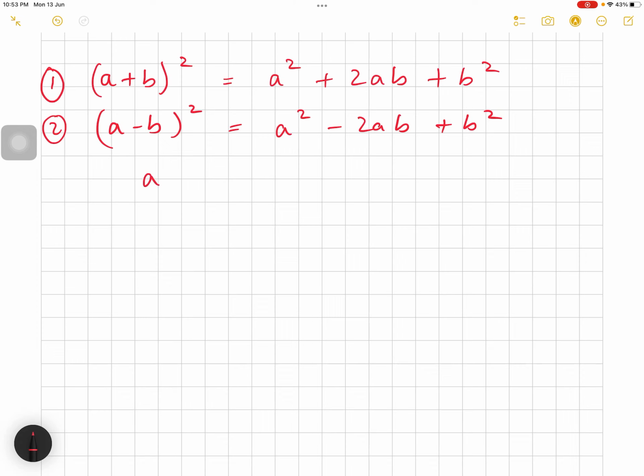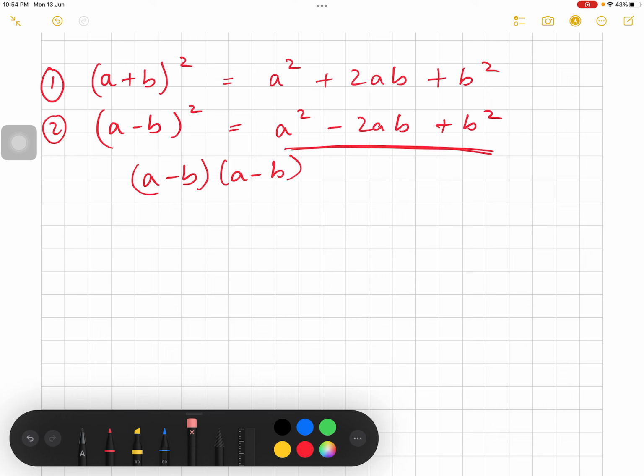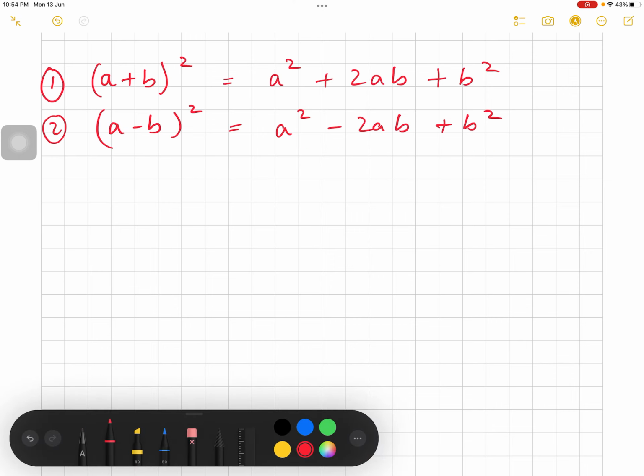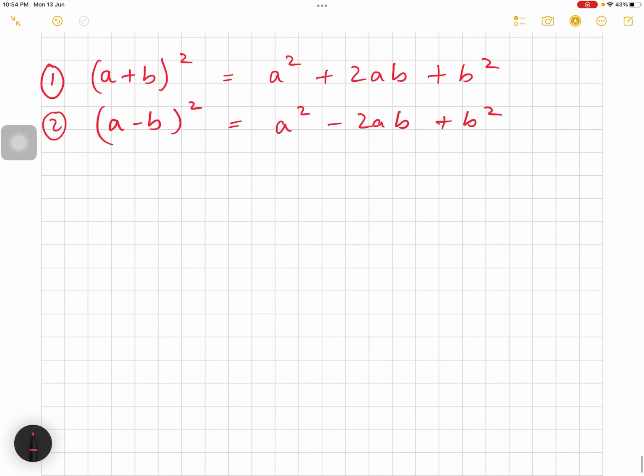Now, a minus b the whole square means a minus b into a minus b. If you open the bracket, you will come to this point. Like when you do a minus b into a minus b, eventually you will get a square minus 2ab plus b square. And that's how we have come to this formula.